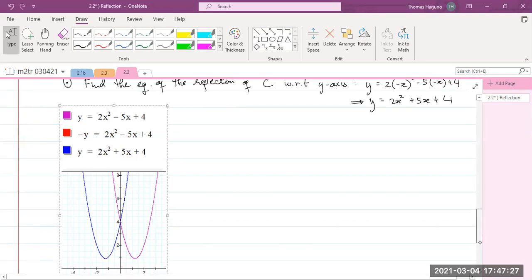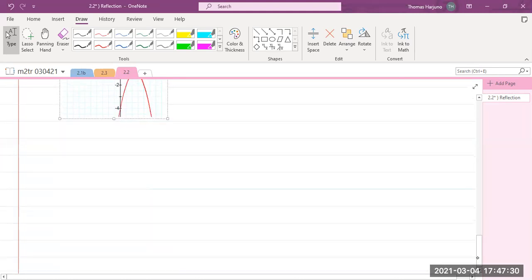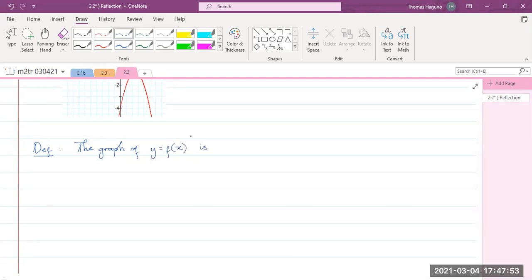Now, furthermore, how we come up with the conclusion that our textbook has. A graph definition. The graph of y equals to f(x) has x-axis symmetry.